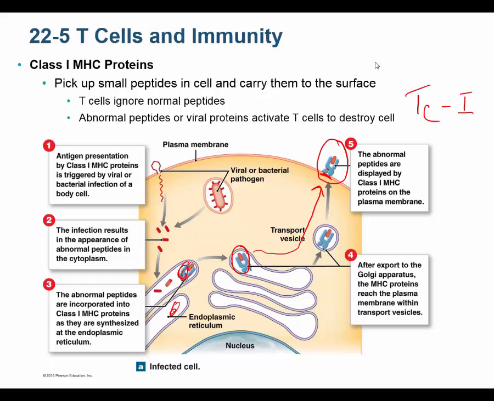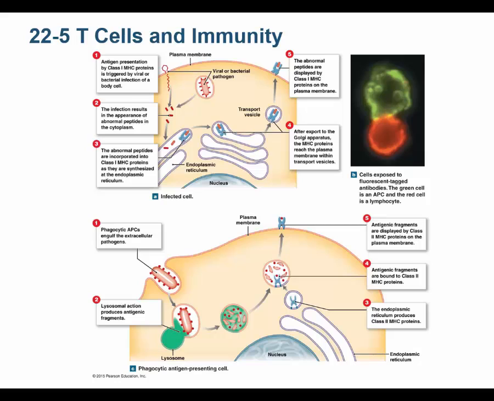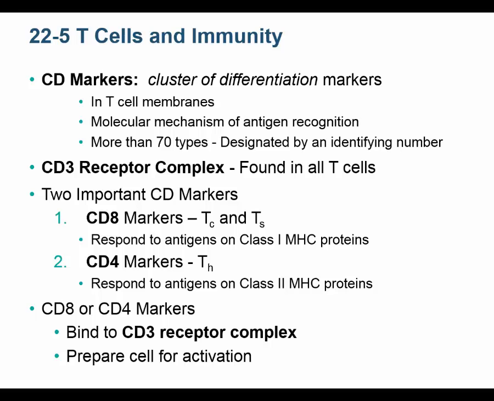Testable: T cytotoxics recognize class 1 MHC molecules, and T helpers recognize MHC 2 antigens. All right, so who cares? I just told you what cells recognize class 1 and class 2, but what do they do with them after they recognize them? All right, let's talk about this.